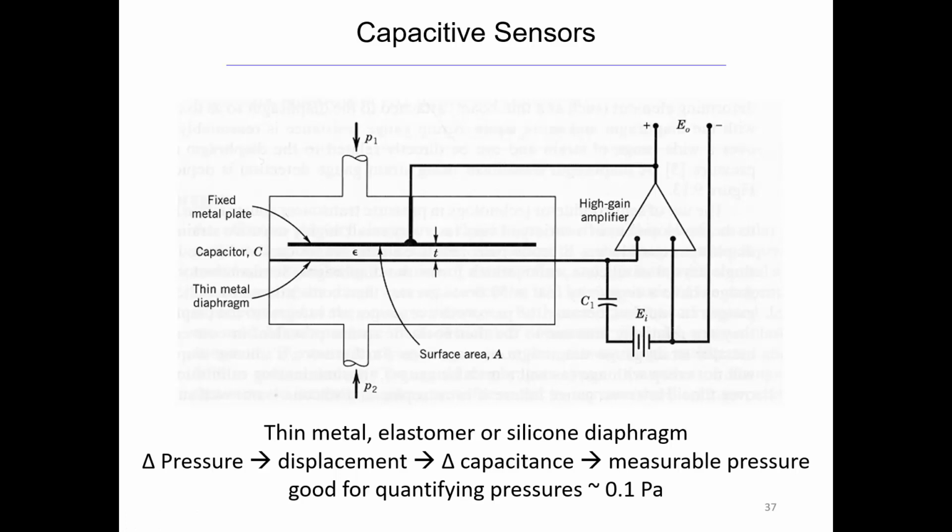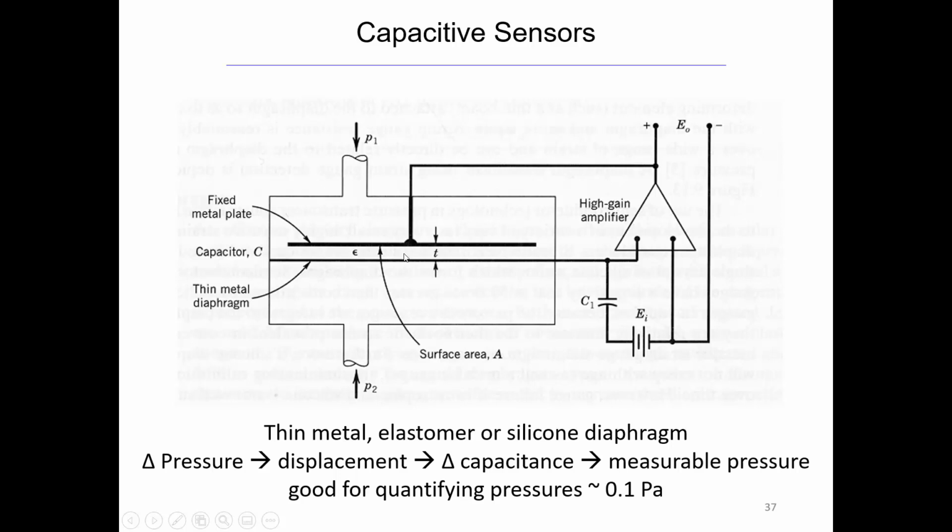The passive sensors, so here we have essentially two chambers. Pressure on one side, pressure on the other side. Say if pressure 2 increases, then this diaphragm here is going to move in this direction. That's going to reduce the distance between the two plates.